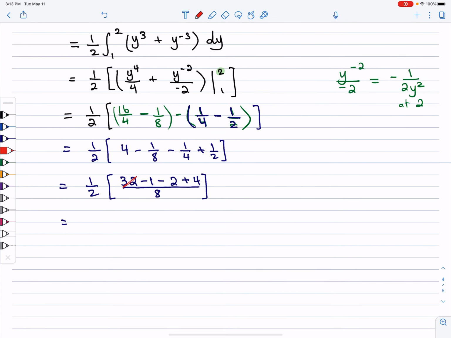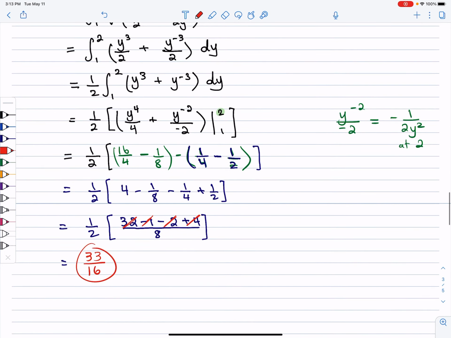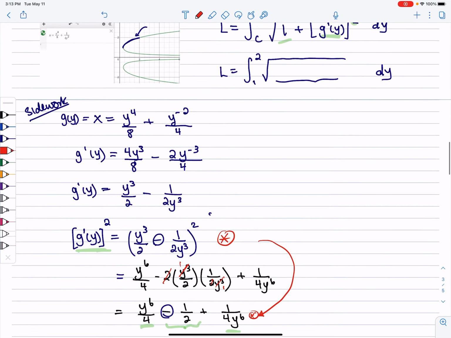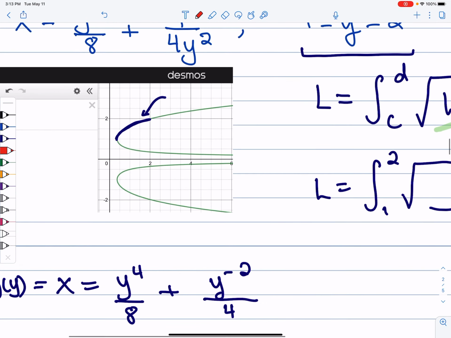We have 32 minus 2, that is 30. 30 plus 4 is 34, minus 1 is 33 over 16. So the exact length of the curve from 1 to 2 is equal to 33 over 16. I'll put L equals, because that's the symbol that we use for the length of the curve.